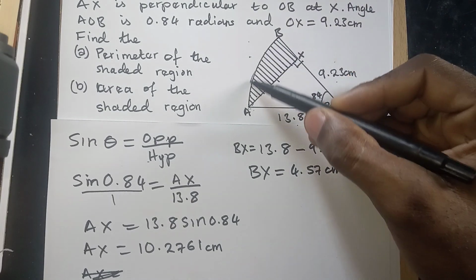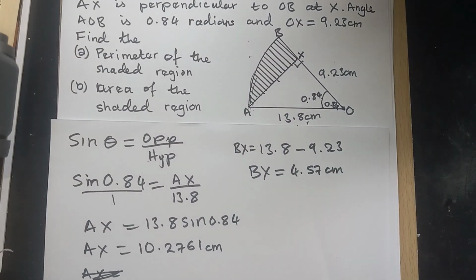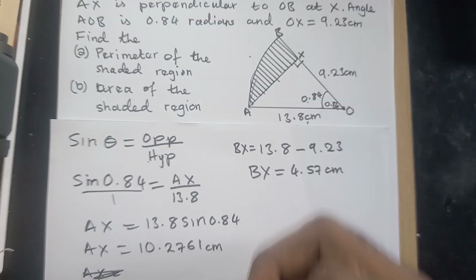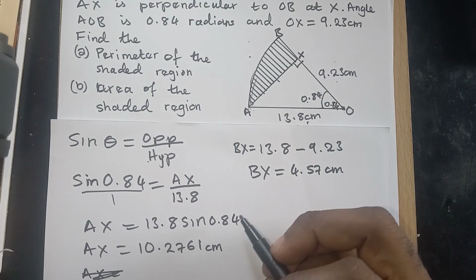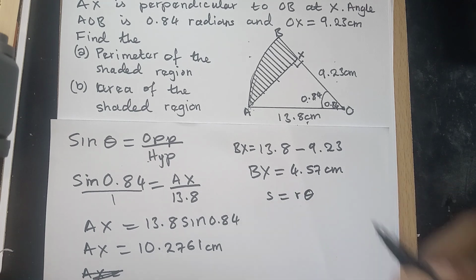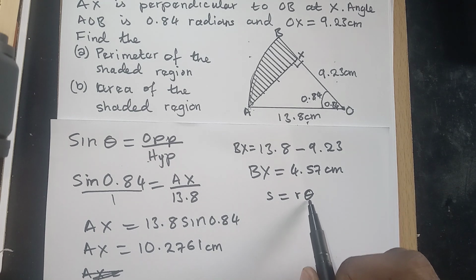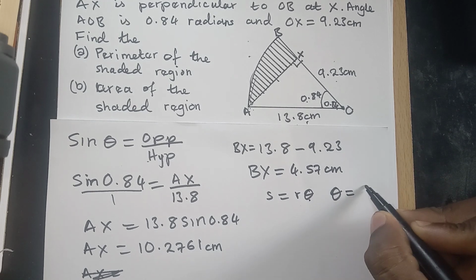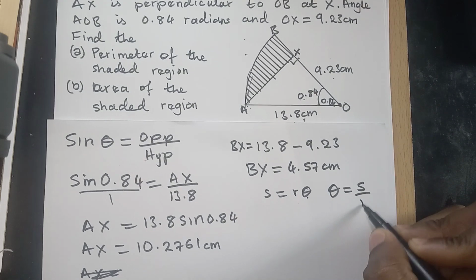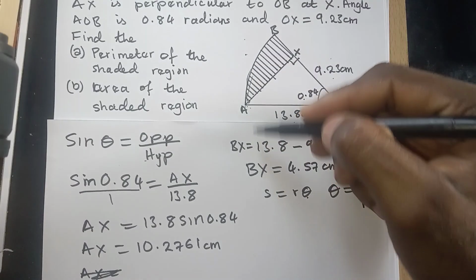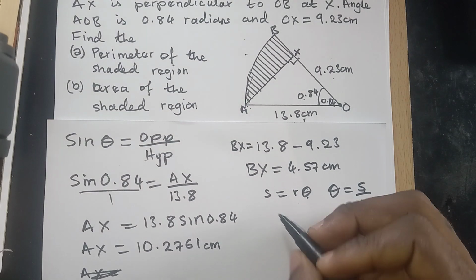And then finally we have the circumference, this part here. To find this, we know that S is equal to r theta from the definition of a radian. Remember, a radian is simply the number of times the radius goes into the circumference. S is for the arc length.